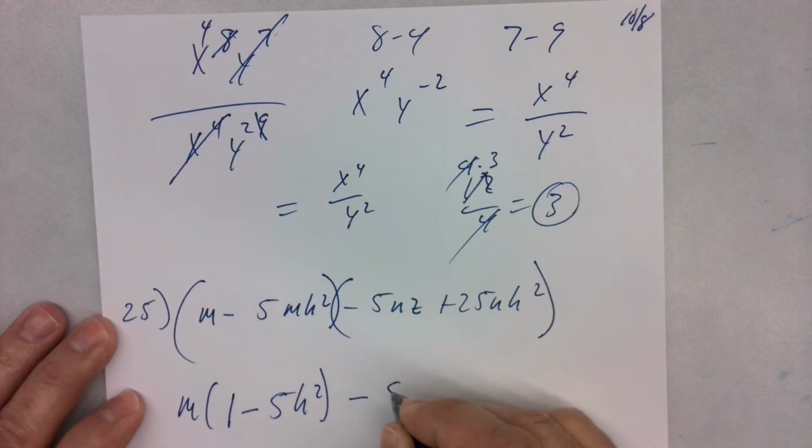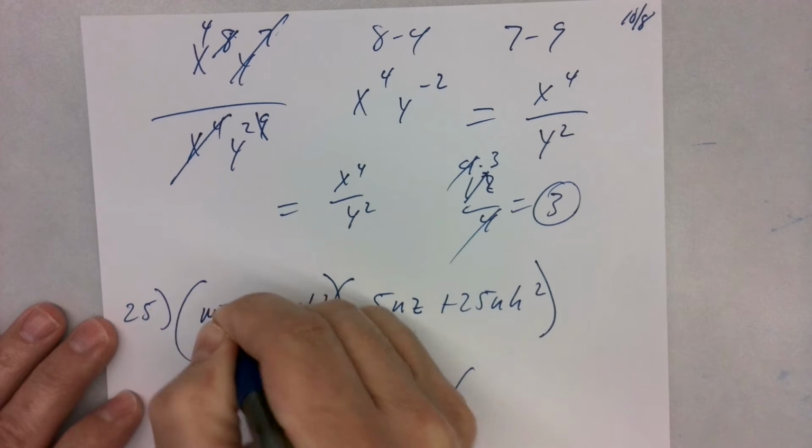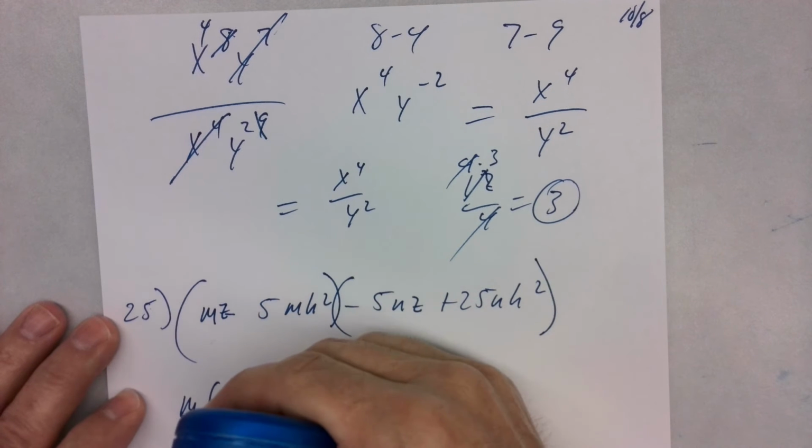What comes out of the second ones? A negative 5n. It's mz minus 5mh. You can't take an nz out. I know, but no, at the very beginning, the problem is mz. Oh, there's a z right there. So that is z minus 5h, isn't it?